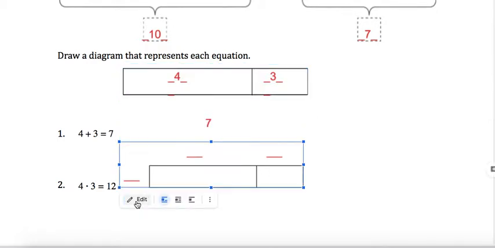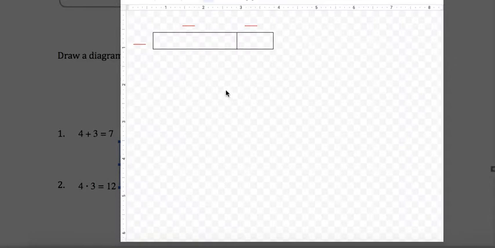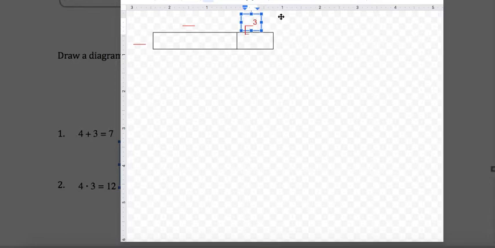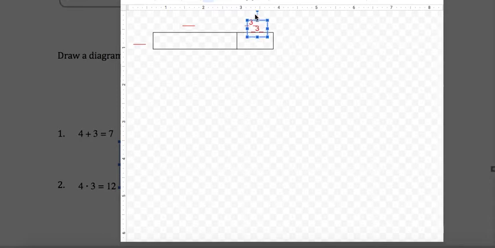And then this one here, we can see that it's 4 times 3 equals 12. So we're going to need 4 copies of the number 3. So I clicked inside where I saw the red, and I'm going to click away. I'm going to Control C, Control V. So there's my first 3. I'm going to have my line line up with that. And then I'm going to take this 3, put it there. Click on the line, Control C, Control V. You have to hold them both at the same time, the control.